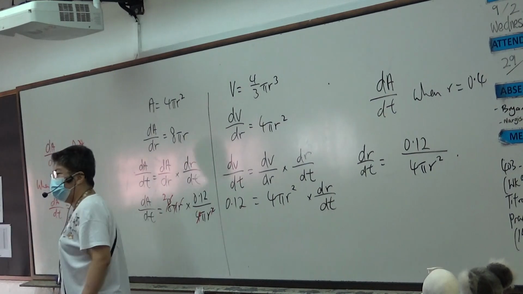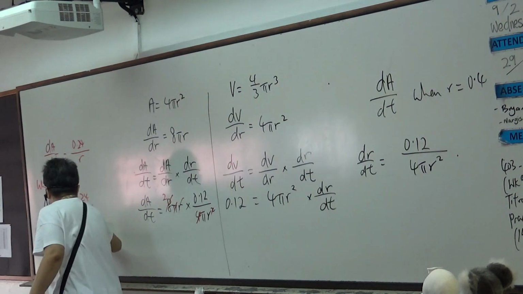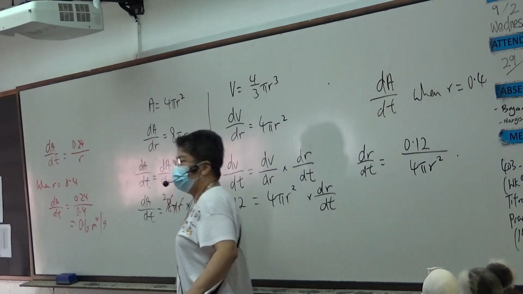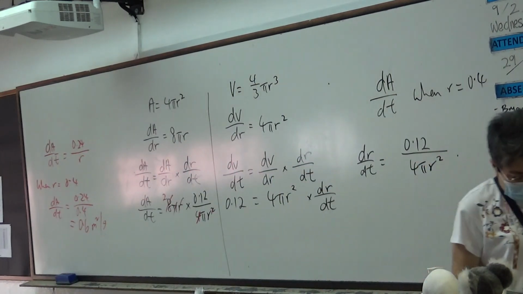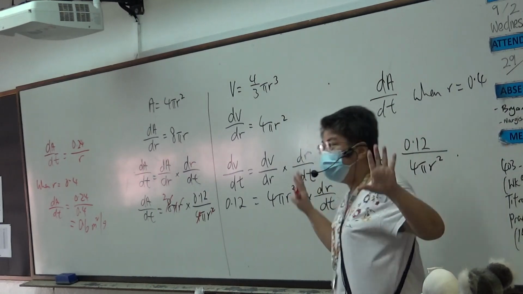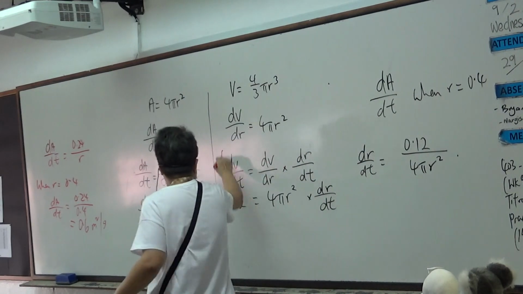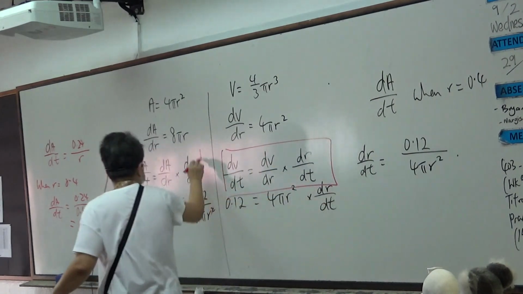But don't forget it is area. The radius is in meters, so this is meter squared per second, right? You must follow the units. So it's meter squared per second. Are we okay here? Now, can you see that it's a very confusing thing at first? But we must know, ultimately, it always boils down to this kind.